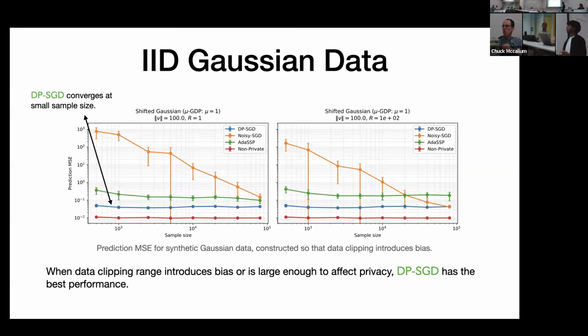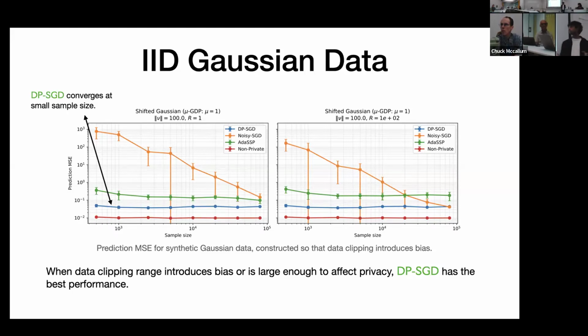And when we take a look at Gaussians where the covariates are very far away from the origin, and the clipping bias is significant, we can actually see that DP-SGD converges at a pretty small sample size. And curiously, we have even worse, in fact basically useless, performance for Noisy-SGD at pretty much all sample sizes. With AdaSSP, we see a meaningful gap between DP-SGD and AdaSSP, even as the sample size becomes much larger.